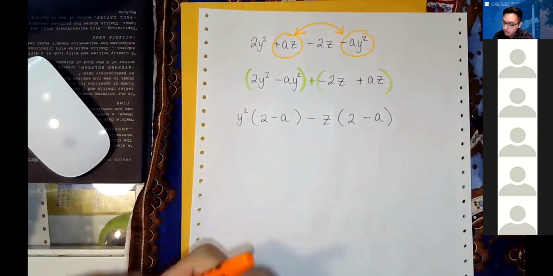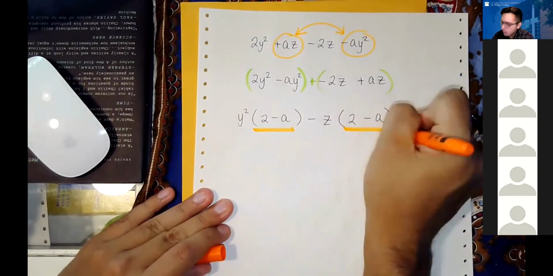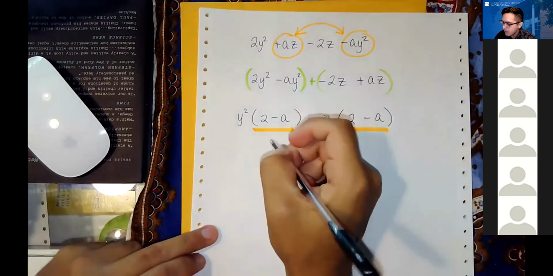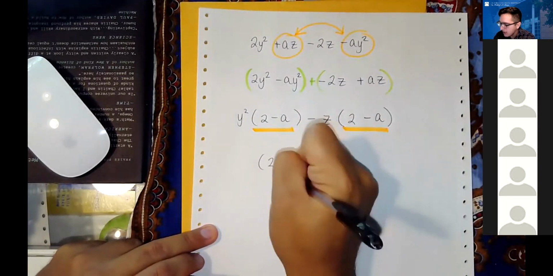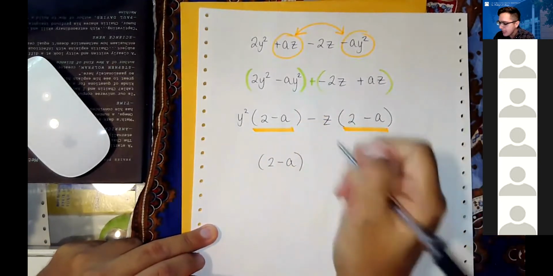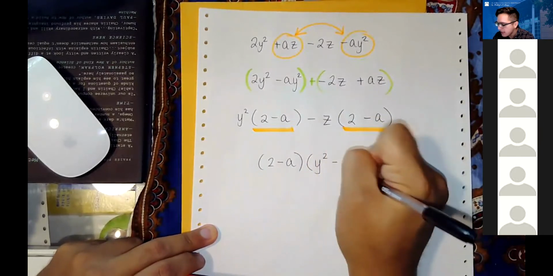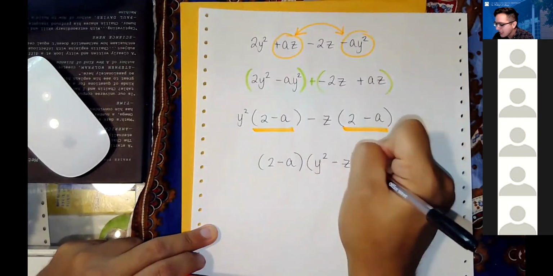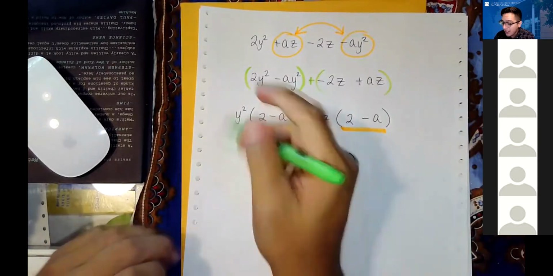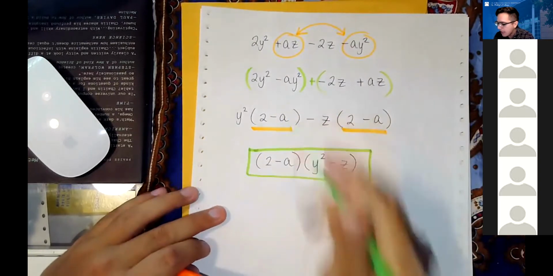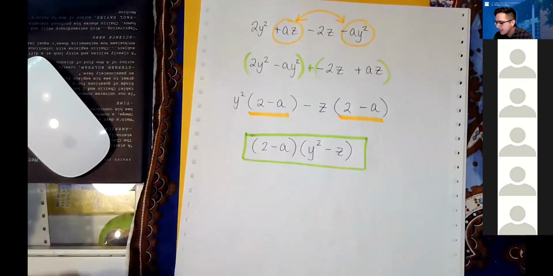And straight away, we have the same factor among those two terms. Since those match, we can proceed by pulling out the greatest common factor, which is 2 minus a. And then our remaining factor is 2y squared minus z. That was a lot cleaner, with less algebraic acrobatics than the previous attempt.